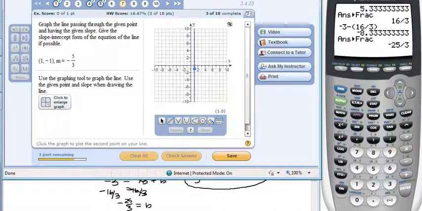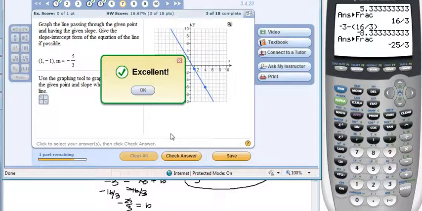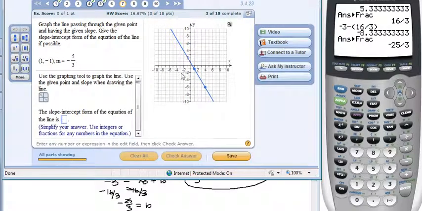So from this point, I'm going to go down 5. That's going to be right here, correct? Down 5 to the right 3. 2, 3. I think that's right. So there's my line. Okay? Now, the slope-intercept form of the equation of the line, we're back to where we were before.